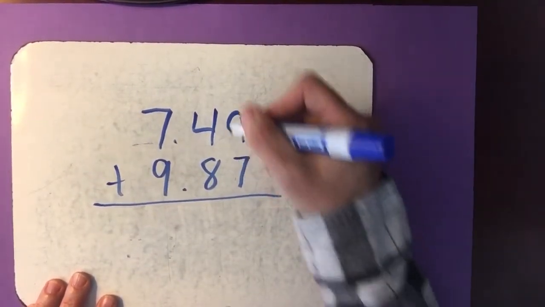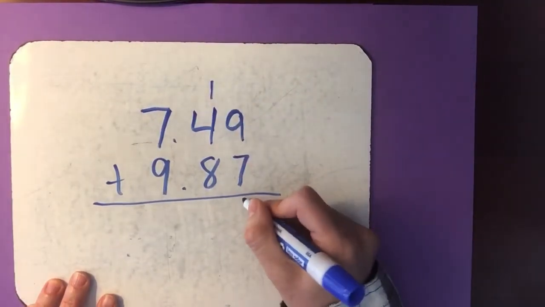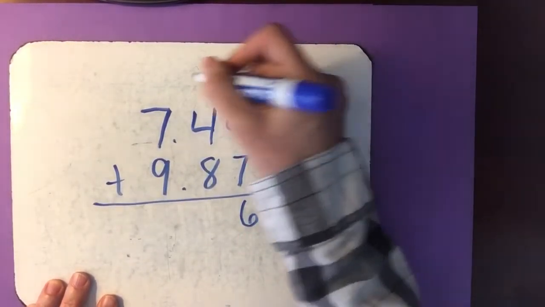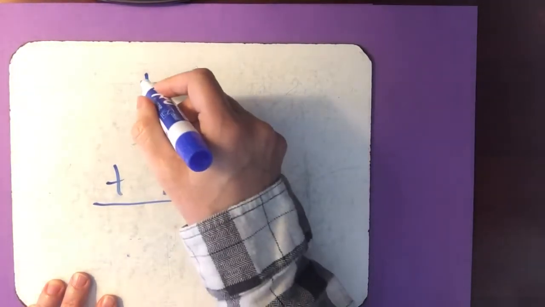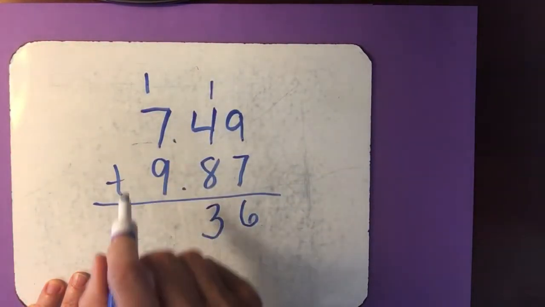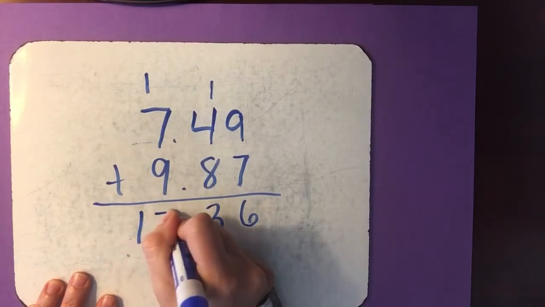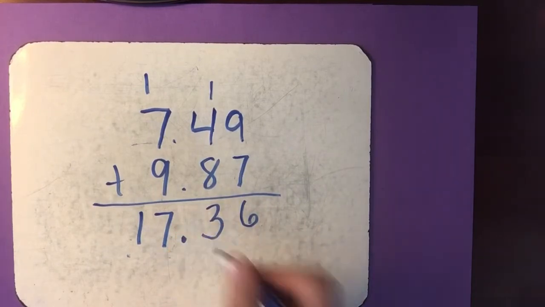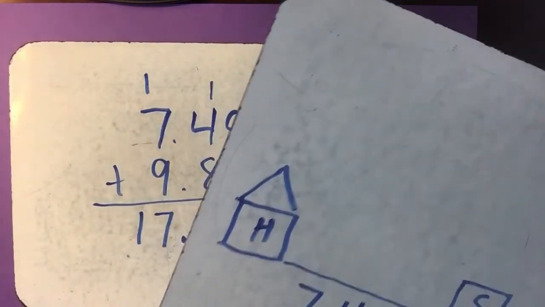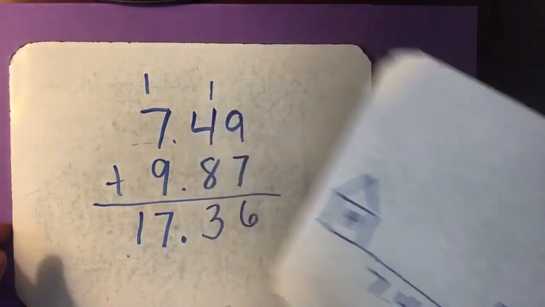All right, 9 plus 7 is 16. 8 plus 4 is 12, plus 1 is 13. Here's my fast 10. 1 plus 9 is 10, plus 7 is 17. So, oops, what did I forget? I forgot my decimal point. Okay, you've got to remember that. It really changes the number, doesn't it, when you don't have that decimal point in there.